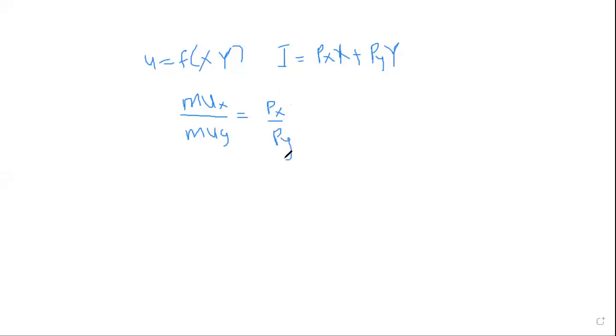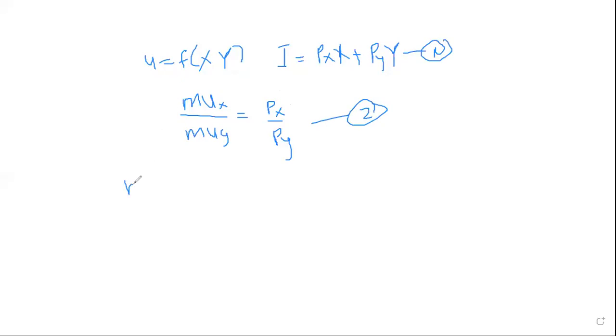This is where the budget line is tangent to the indifference curve. So you call this equation 2, and let me call this equation 1. To obtain x and y, solve equations 1 and 2 simultaneously, and that will give you the values of x and y.